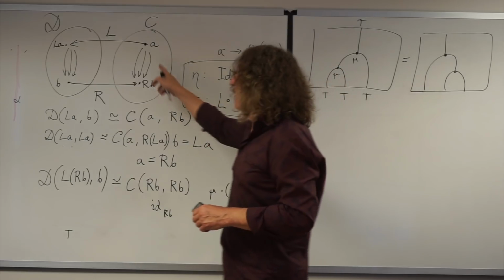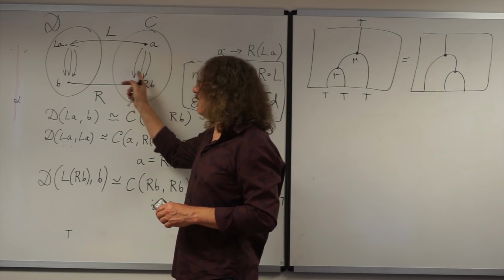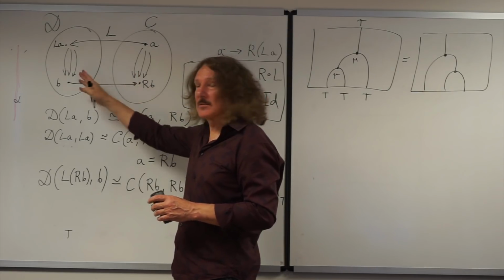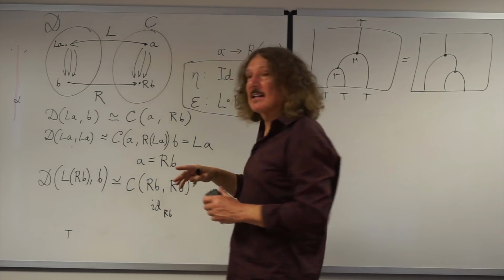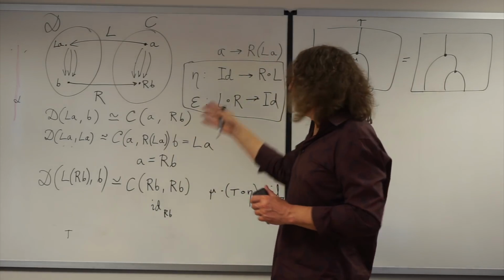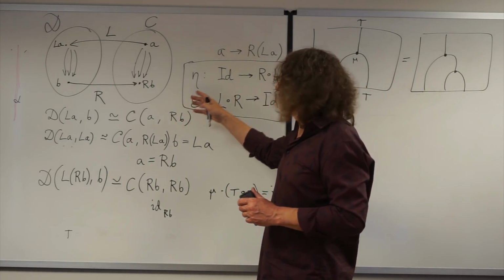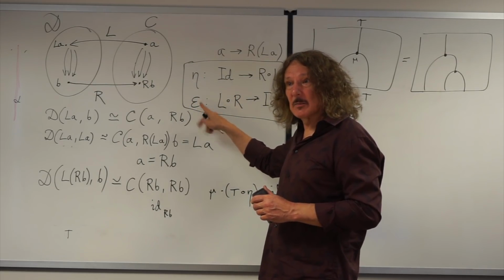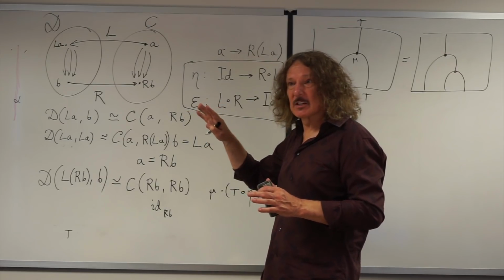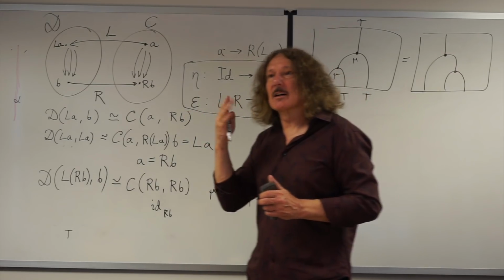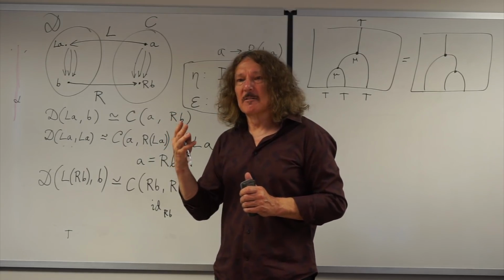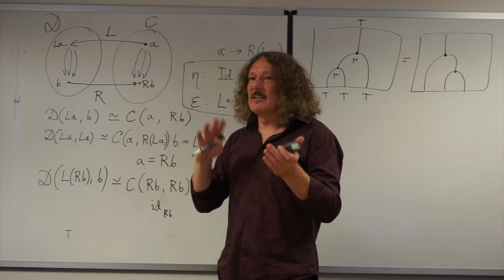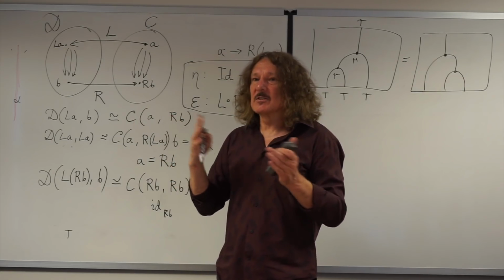So instead of defining the adjunction using Hom sets, as a natural transformation between Hom sets, we can define adjunction using these two natural transformations, which are called unit and co-unit. This is a completely equivalent definition of adjunction. But this one is more in the spirit of one functor being the inverse of the other.